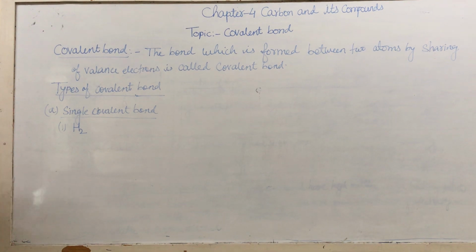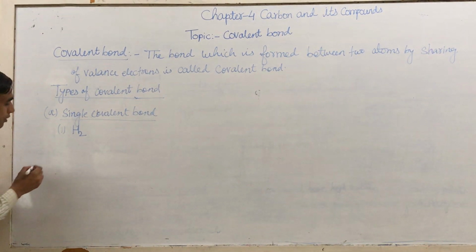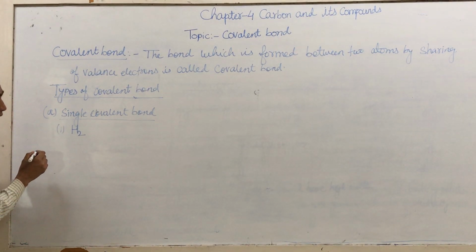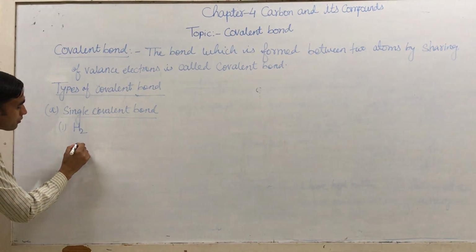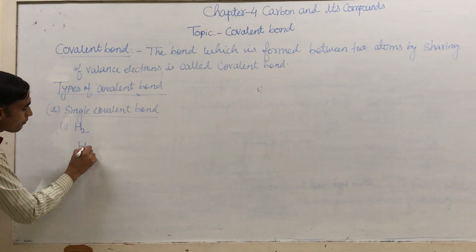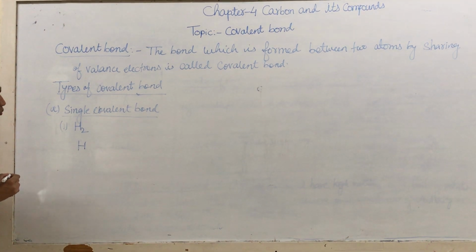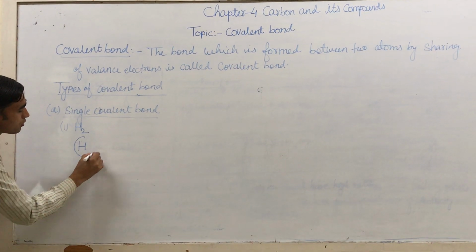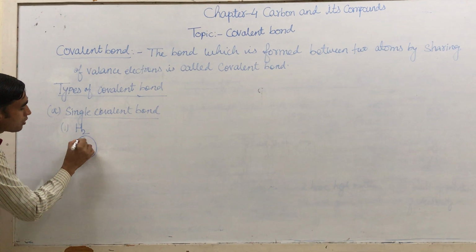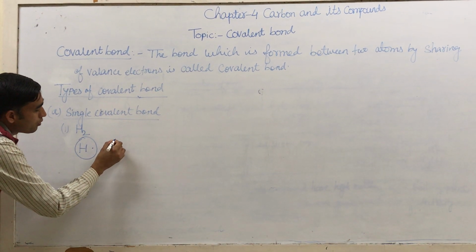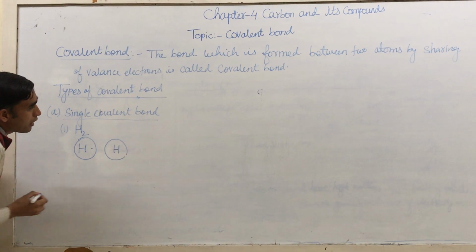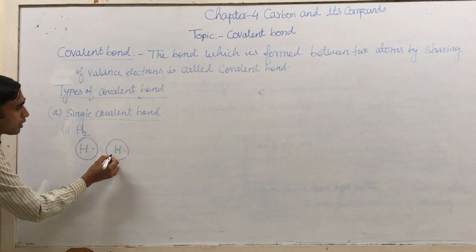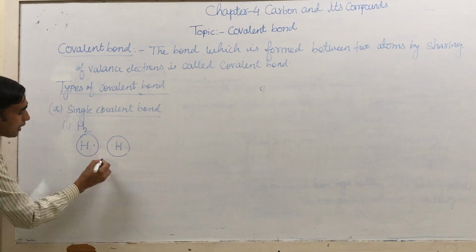hydrogen molecules. We know that the atomic number of hydrogen is 1, and in the K shell hydrogen has one valence electron. So in the case of H2, both share one valence electron of their outermost shell, and they attain the nearest noble gas helium electronic configuration like this.